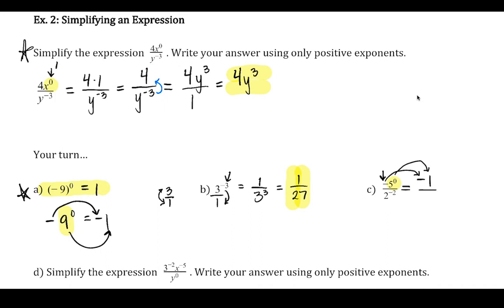And then raised to the 2, over 2 raised to the negative 2. Next we have a negative exponent that we need to simplify. My negative exponent started in the denominator, so to make it positive, I'm going to move it up to the numerator, up on top.